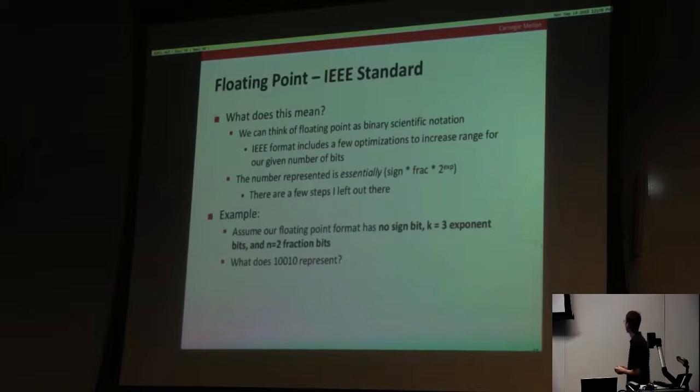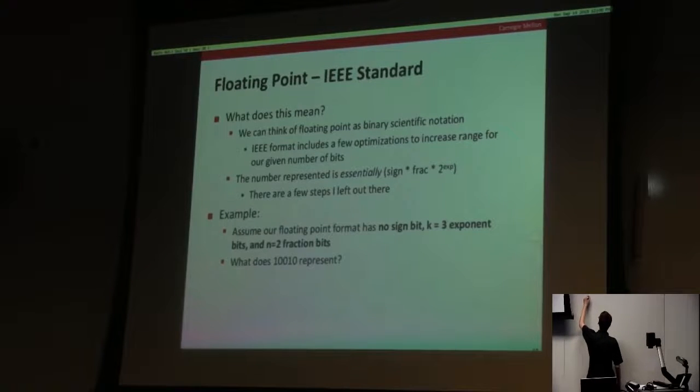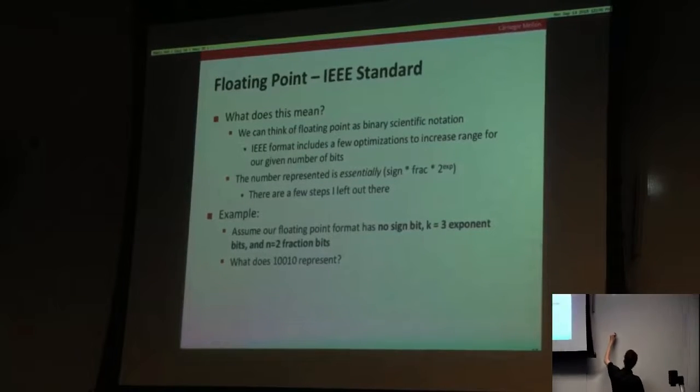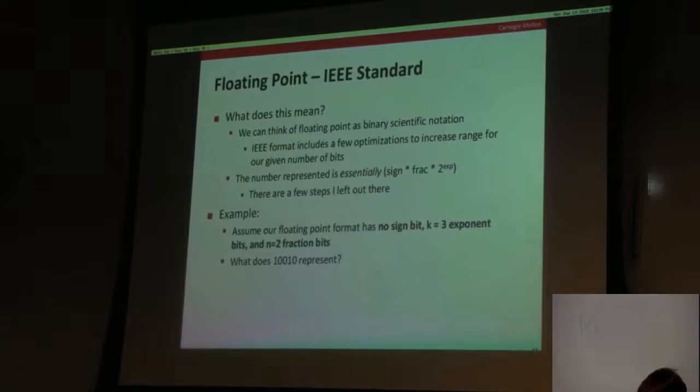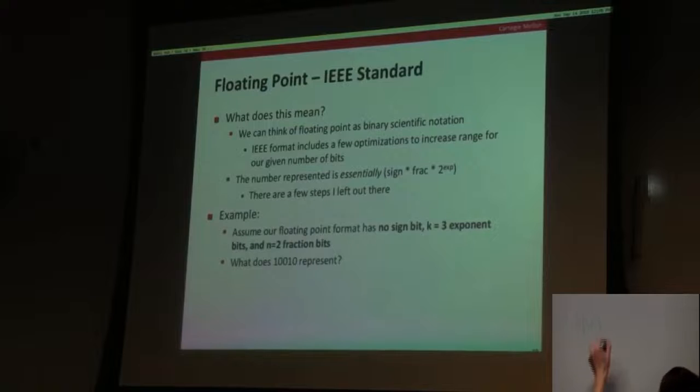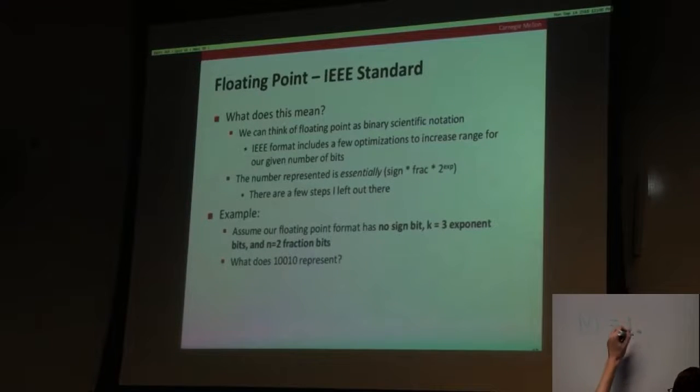We want to calculate a couple of different values. The first is m, which stands for mantissa. This is going to be equal to 1, binary point, whatever the contents of our frac section is.